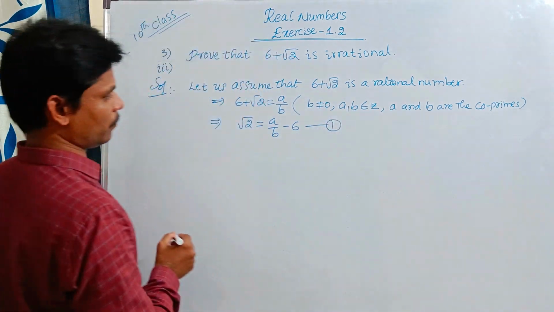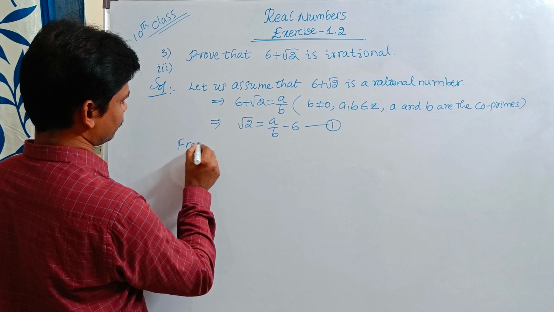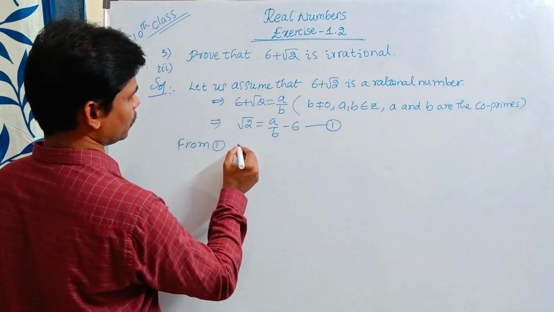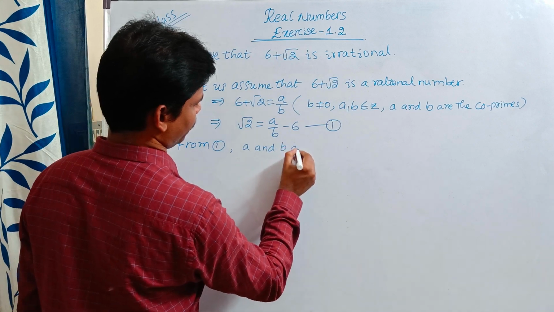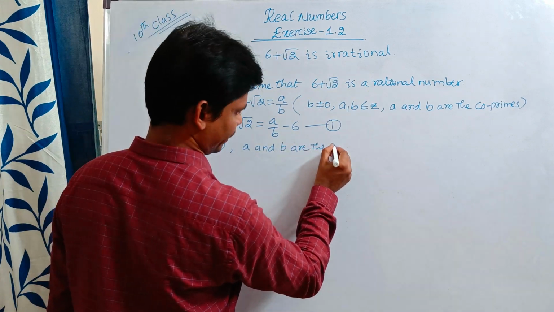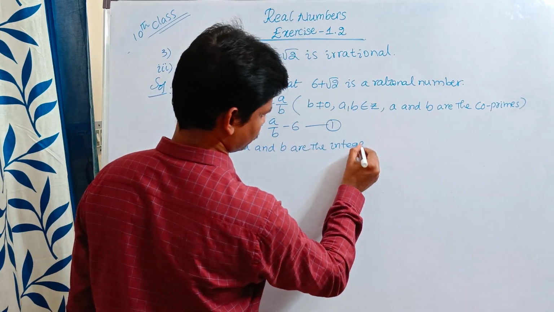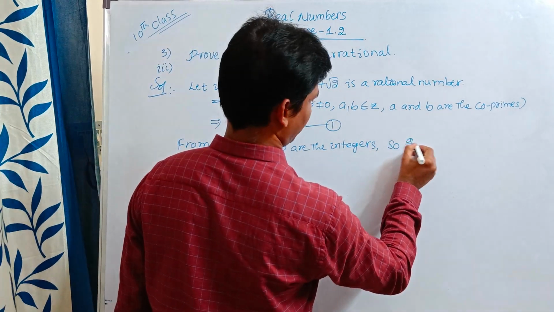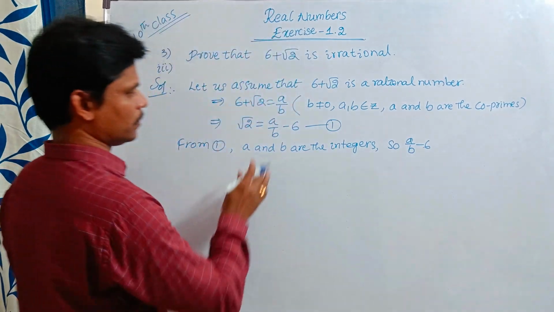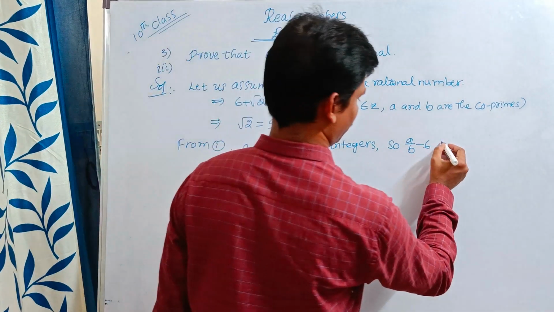Take this equation 1. So from 1, a and b are the integers. So a by b minus 6 is a rational number.